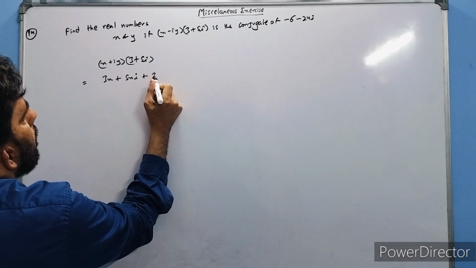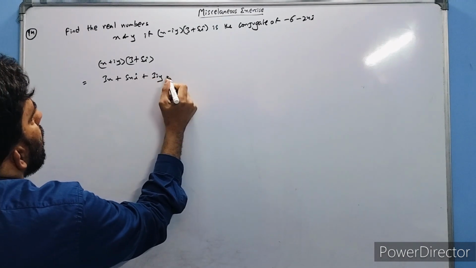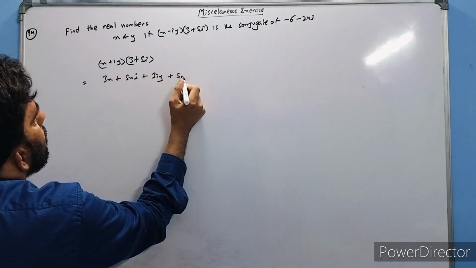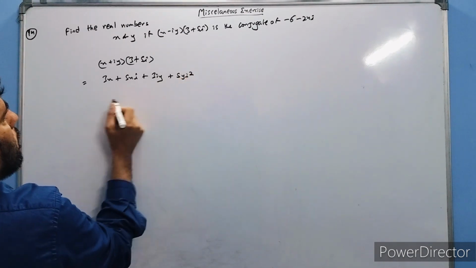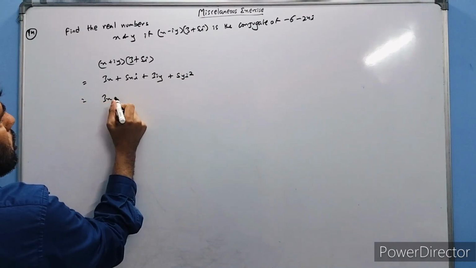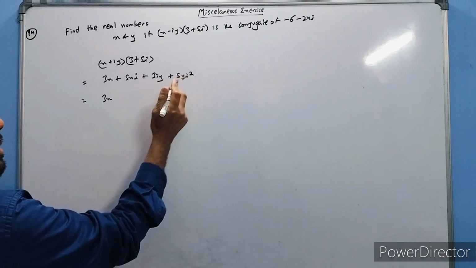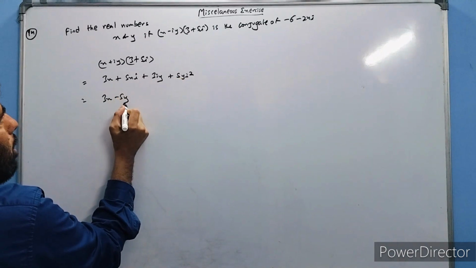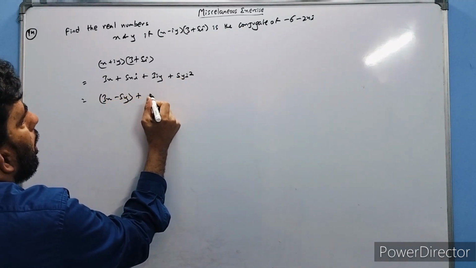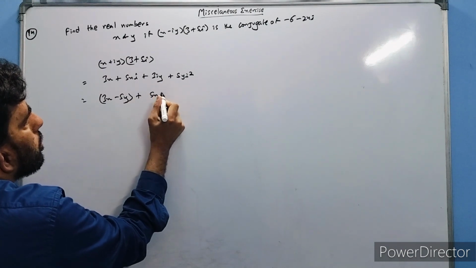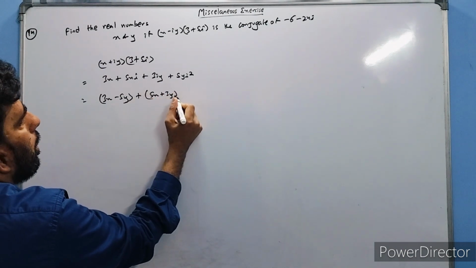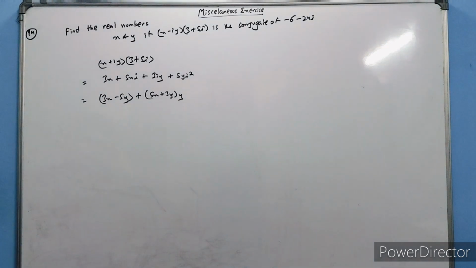Let us multiply: 3x plus 5xi plus 3iy plus 5y i square. So I got 3x, and here i square will be minus 1, so minus 5y, plus, if I take i common, 5x plus 3y.